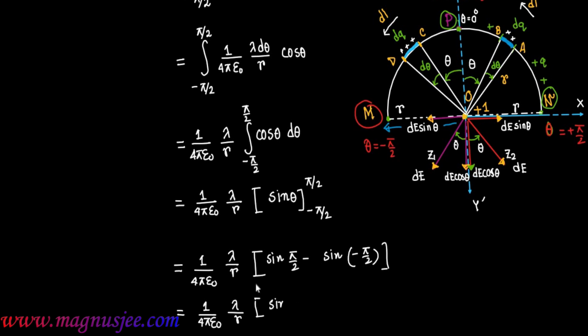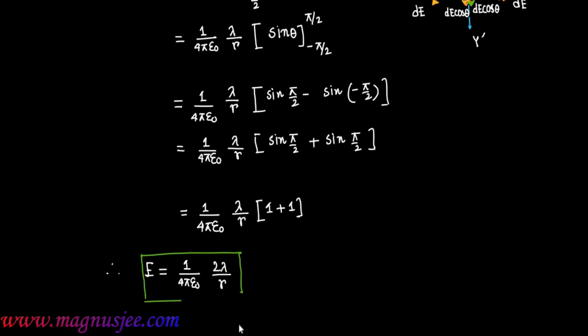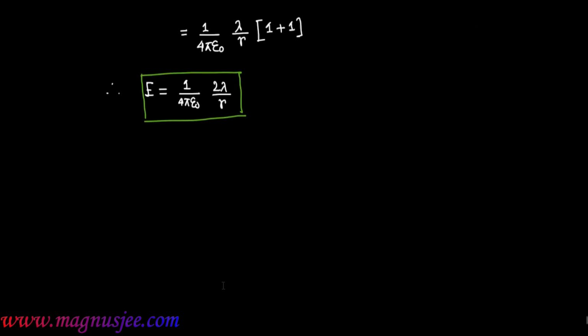Here we can write sin π/2 plus sin π/2, because sin(minus π/2) is minus sin π/2, equal to 1/(4πε0) λ/r (1 plus 1). Therefore, we get E equals 1/(4πε0) 2λ/r.